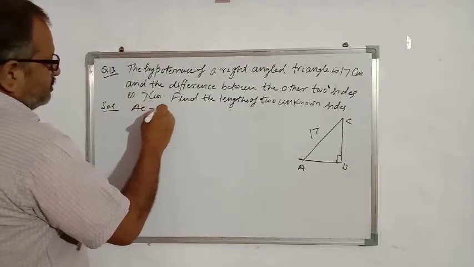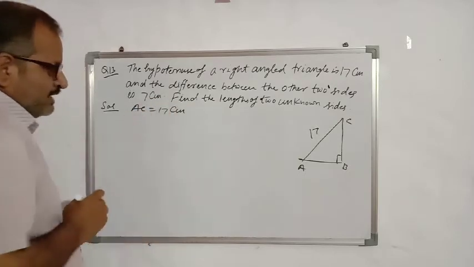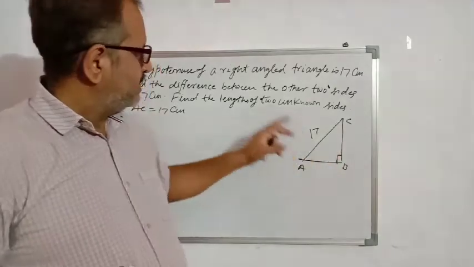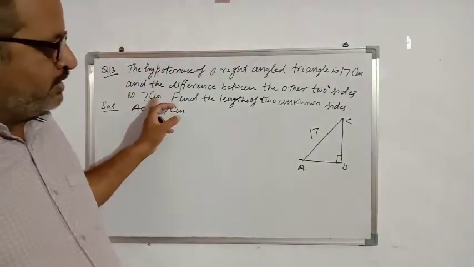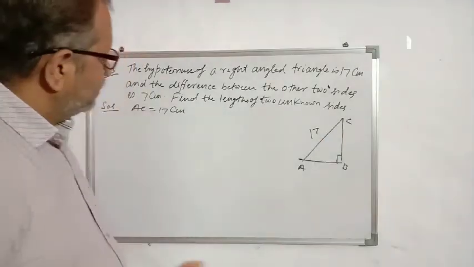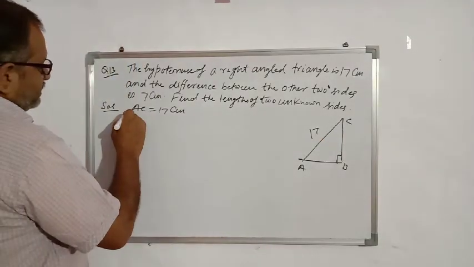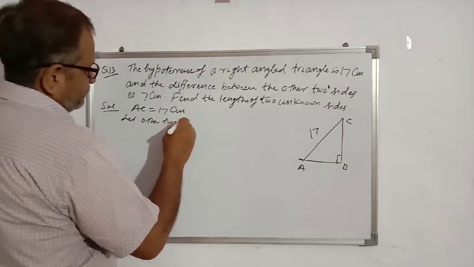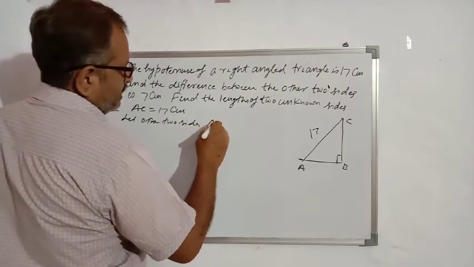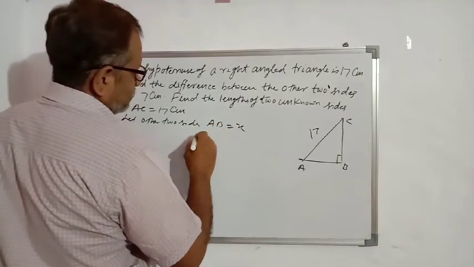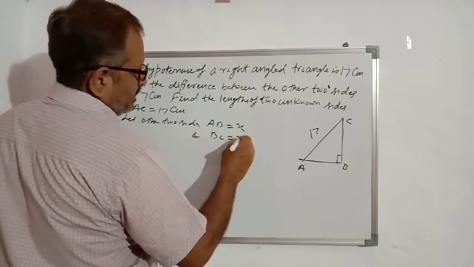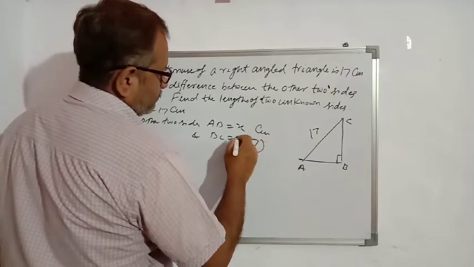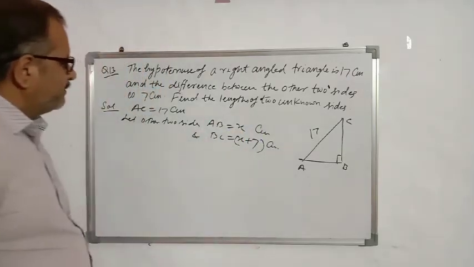So AC is equal to 17 centimeter. And the difference between the lengths of the other two unknown sides is 7 centimeter. So we have to find the unknown sides. Let the other two sides be AB equal to x and BC equal to x plus 7. x centimeter, x plus 7 centimeter.